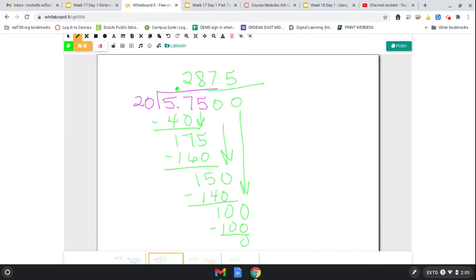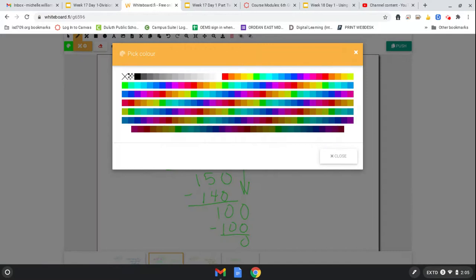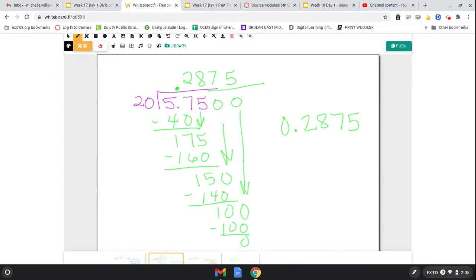And 100 minus 100 is 0. So our answer is 2,875 10,000ths. And we know that we can check our answer by taking our quotient and multiplying it by our divisor.